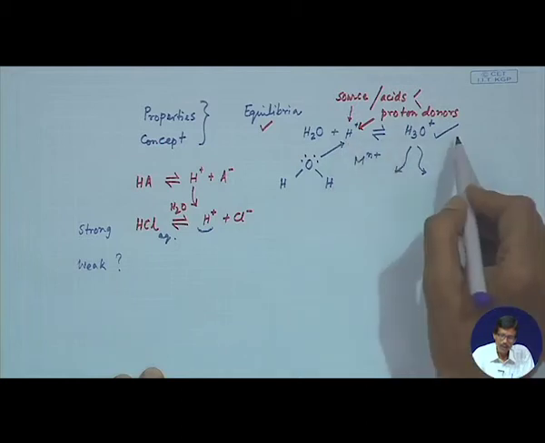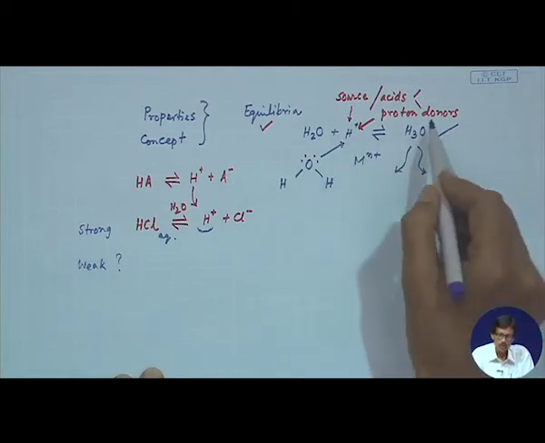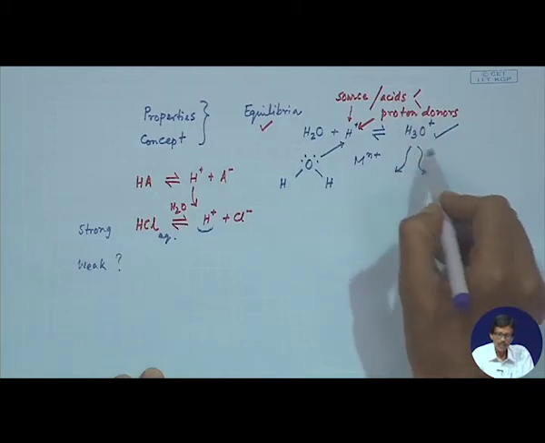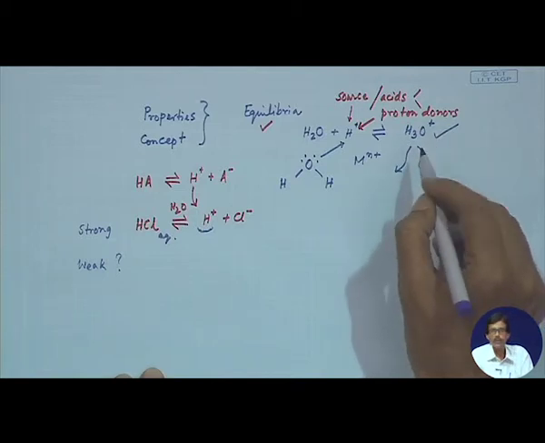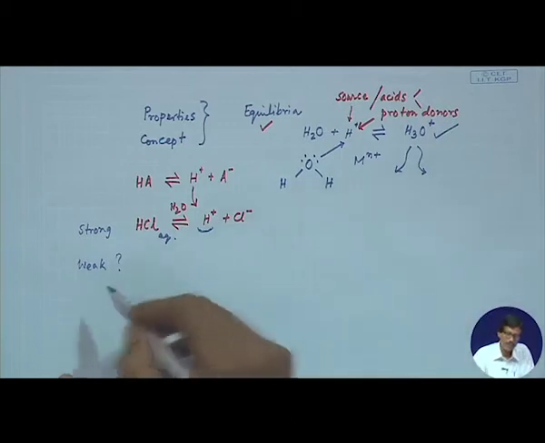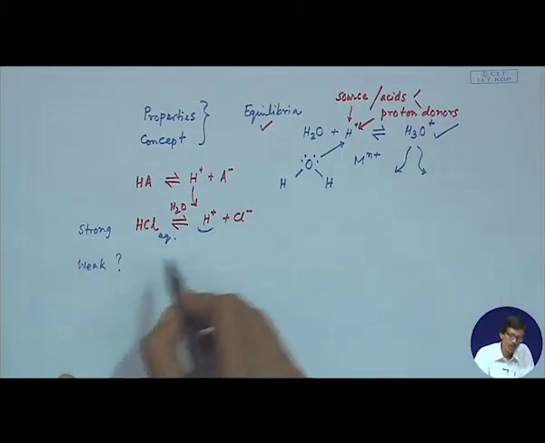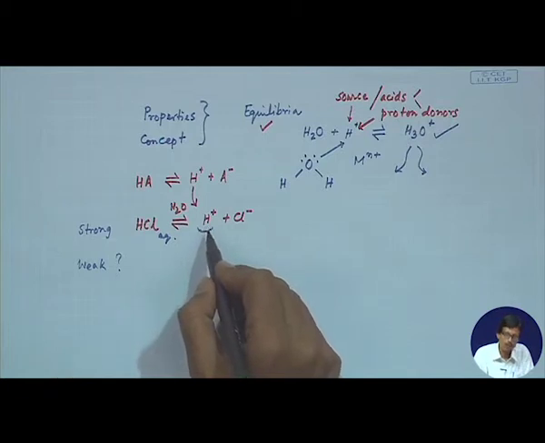The H plus comes from another water molecule. The formation of H3O plus, and the amount of H3O plus forming, will tell you how strong your acid is. But in case of a weak acid, this much H plus will not form.